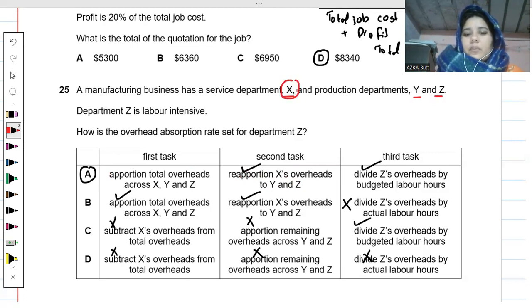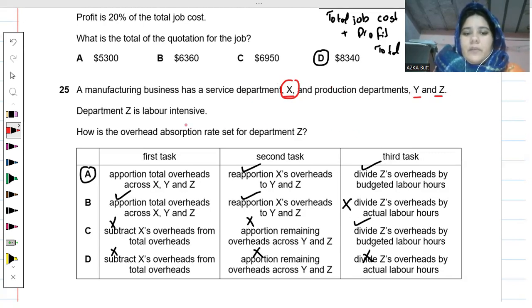We have to reapportion its overheads into the production departments, because this service department is giving services to them. Whatever cost occurs in the service department should be reapportioned into production department Y and production department Z.